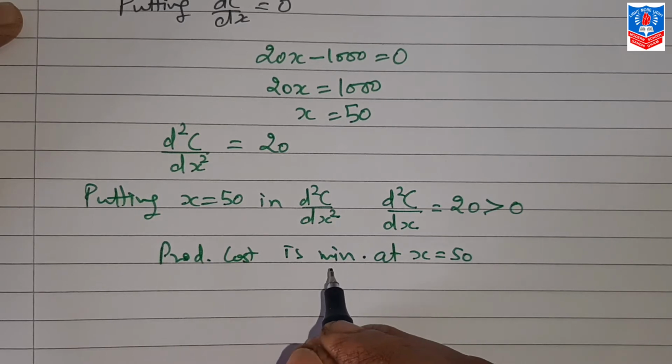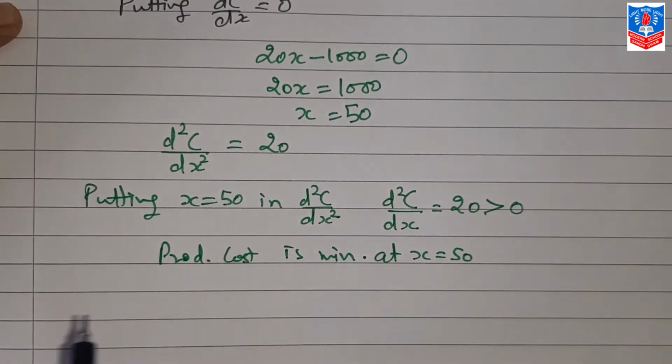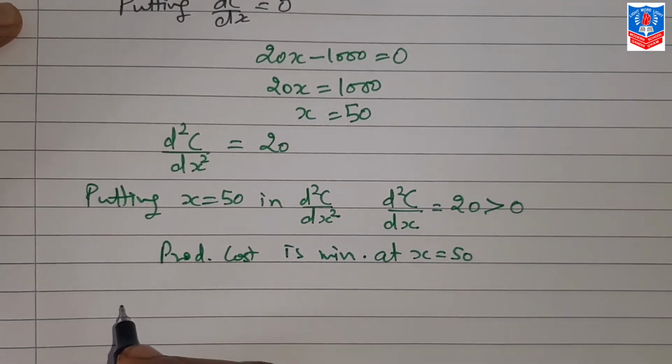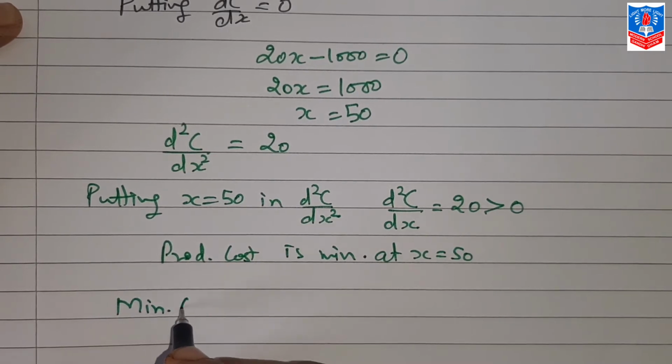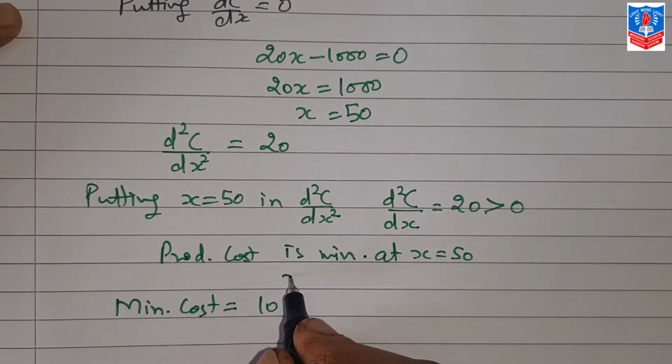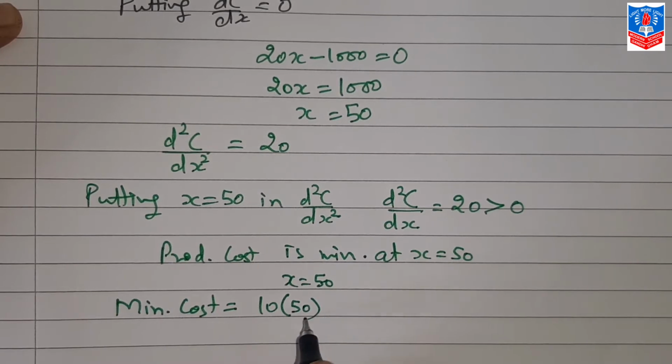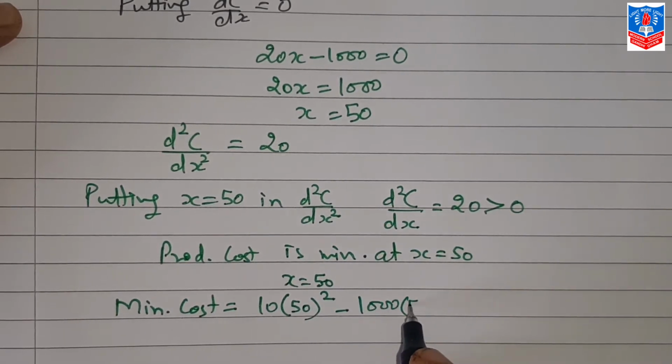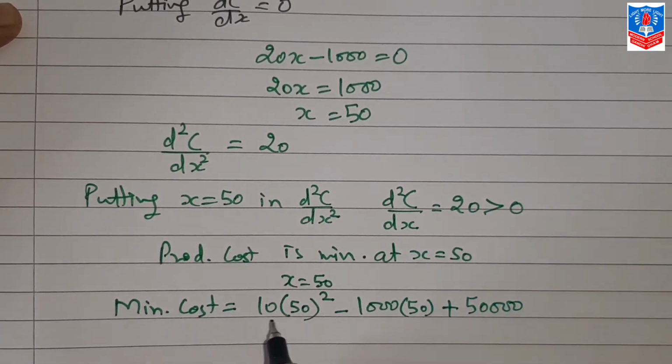Now for our second question, what will be this minimum cost, that we are also supposed to find. So for the minimum cost, we put this value of x, that is 50, in this cost function: 10 into 2,500 minus 1000 into 50 plus 50,000.